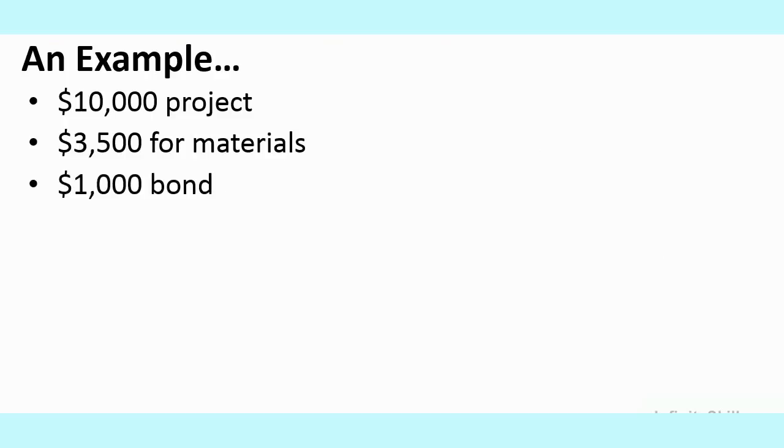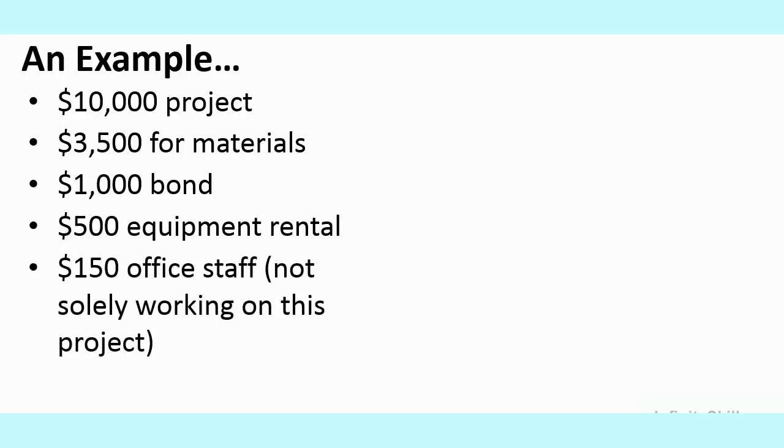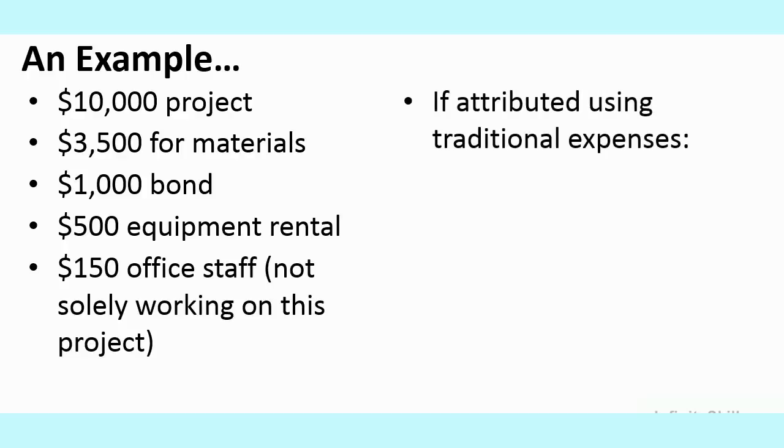In other words, if you make $10,000 and spent $3,500 on materials, $1,000 on a bond, $500 on a piece of equipment, and $150 in general office costs for administration, no matter where we enter those, the final net profit will be the same, $4,850. But the calculations we need in the middle, like gross profit and profit margin for specific jobs or items, are not calculated correctly.